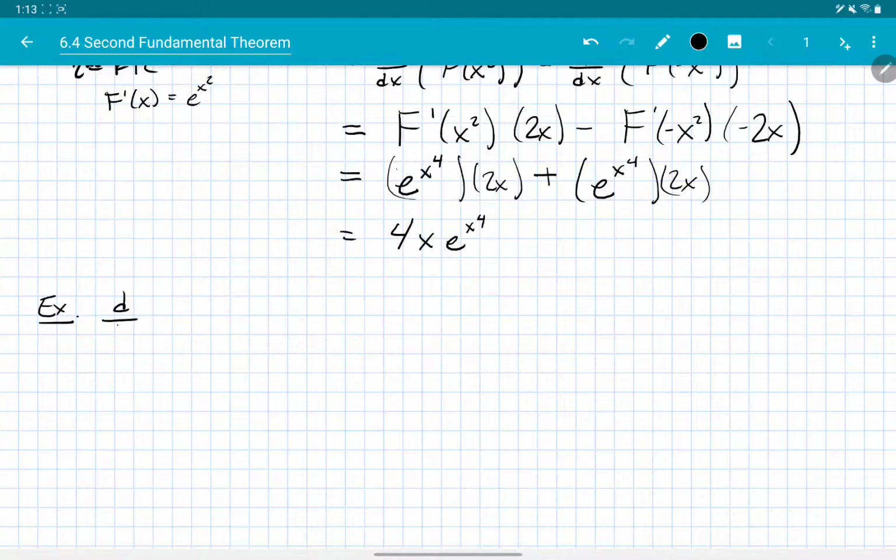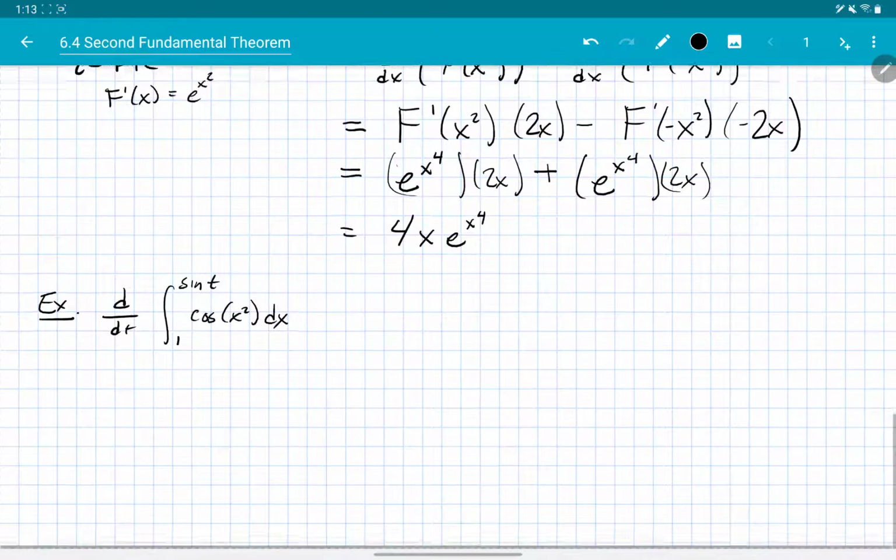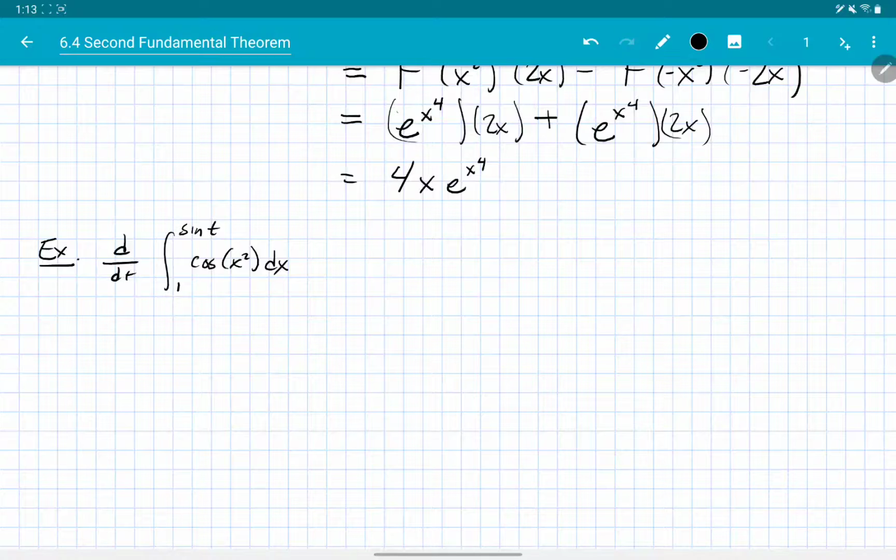Let's find d over dt of the integral from 1 to sine of t of cosine x squared dx. Once again, we don't like functions in the limits of integration. We cannot work with them, so we have to rewrite this.